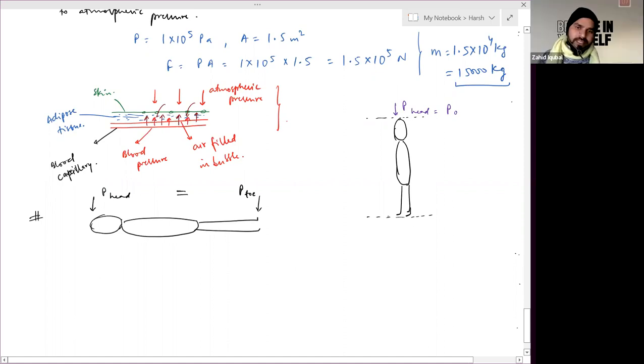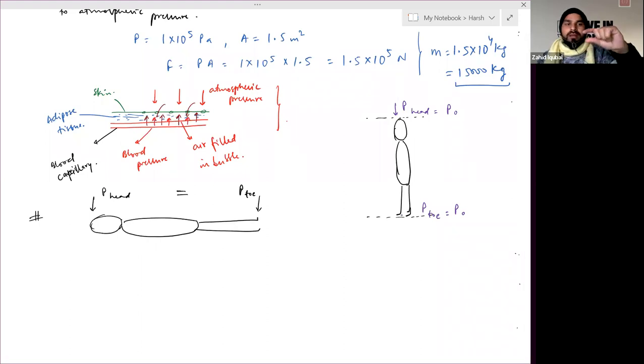But if you have to calculate the pressure at point 2, there will be two contributions: one due to air, atmospheric pressure, and the second due to blood capillary, which is placed over the whole part. I'm not considering the pressure just below the surface of the feet.